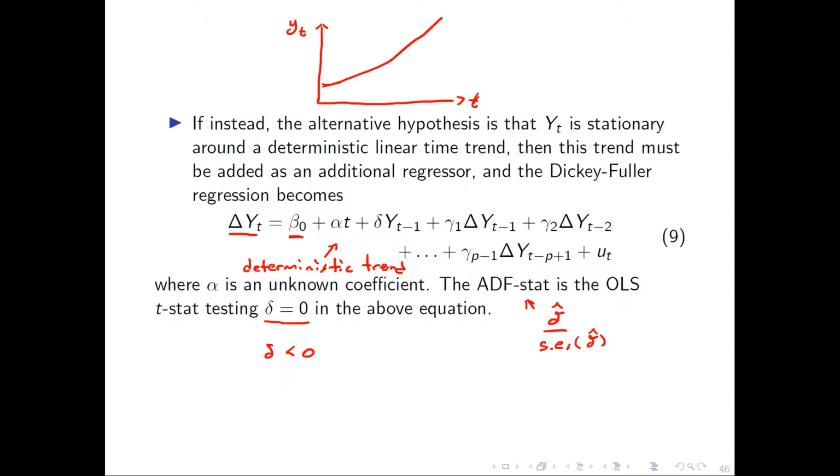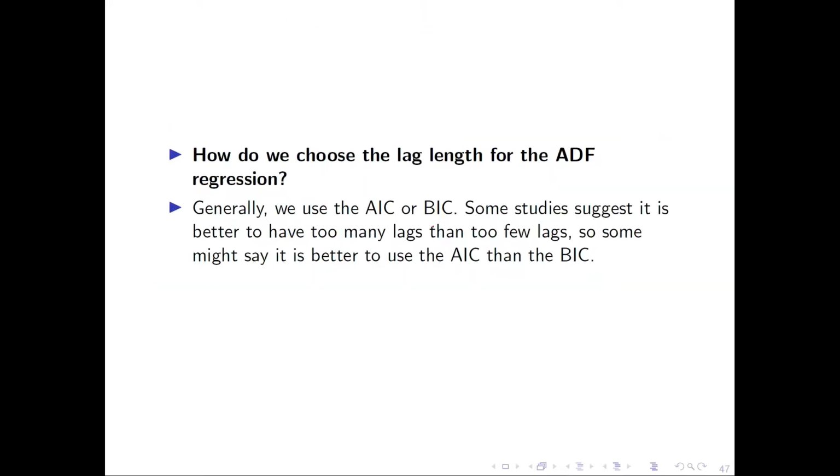The question now is, how many lags in this Dickey-Fuller regression should you include? And you include the number of lag lengths based on the Akaike information criteria or the Bayesian information criteria.